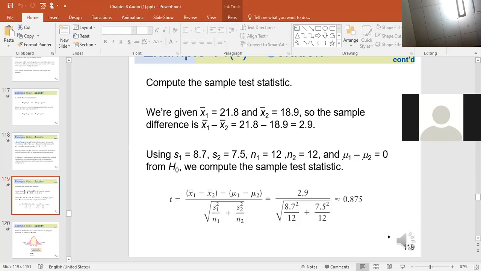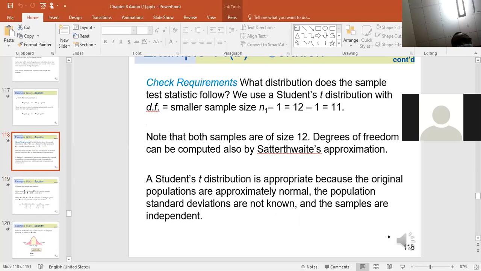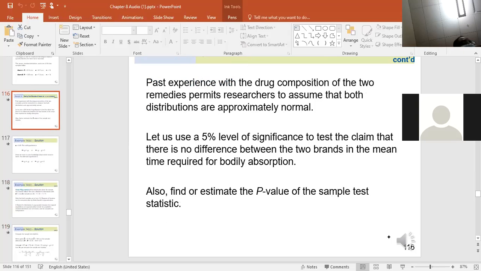So we can see that this p-value is much larger than most of the alpha we have. Alpha is generally 5% or 1%. With alpha equal to 0.05, the p-value is greater than alpha, so do not reject H0.